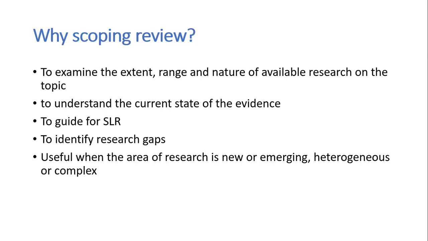Many of you might know about cell culture and cell lines, and now we are talking about 3D cell cultures, spheroids, organoids, organ on chip, and so on. These are some of the emerging areas when we talk about pharmacology or health. For these kinds of emerging areas, a scoping review is the best choice.